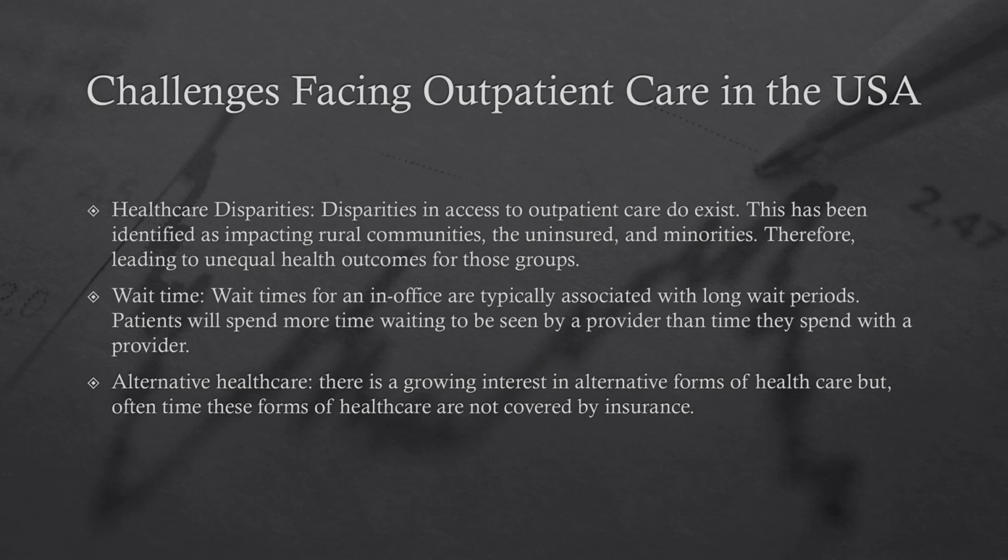Yes, I did previously mention that accessibility to healthcare in metropolitan areas was pretty high, but it's not shared across all communities and populations in the U.S. So disparities in accessibility to outpatient care do exist, and this has been identified as impacting individuals who live in rural communities, who are uninsured, or who may be a part of a minority group.